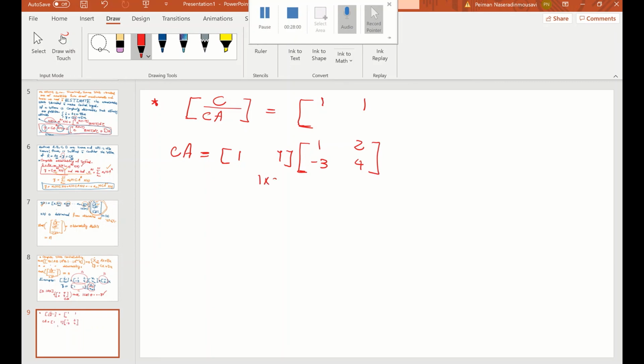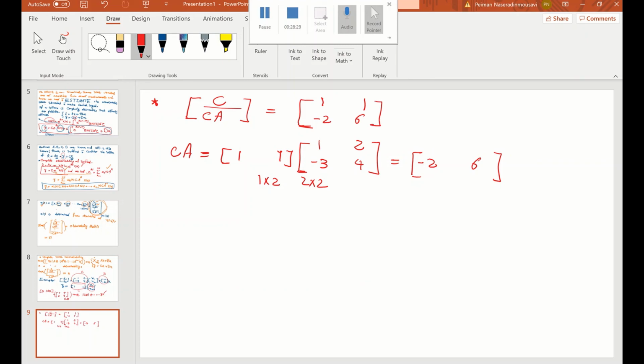This is 1 by 2 times 2 by 2, so it's going to be 1 by 2, obviously. It's going to be 1 minus 3, minus 2, and 1 plus 4... 6. It's going to be minus 2 and 6.